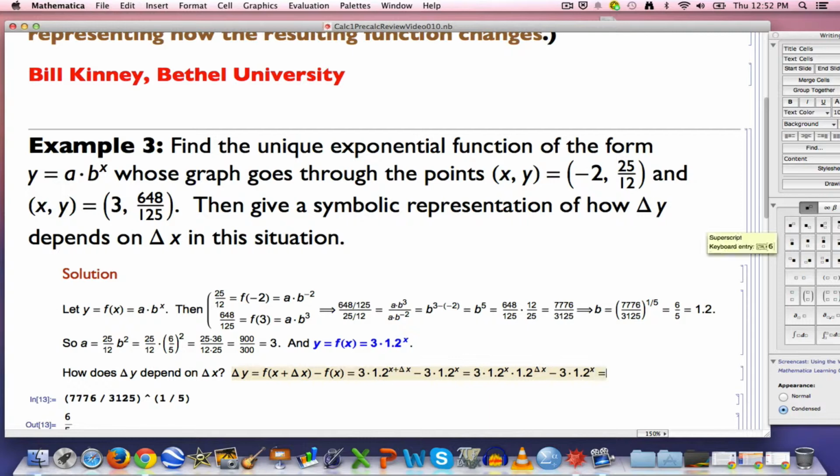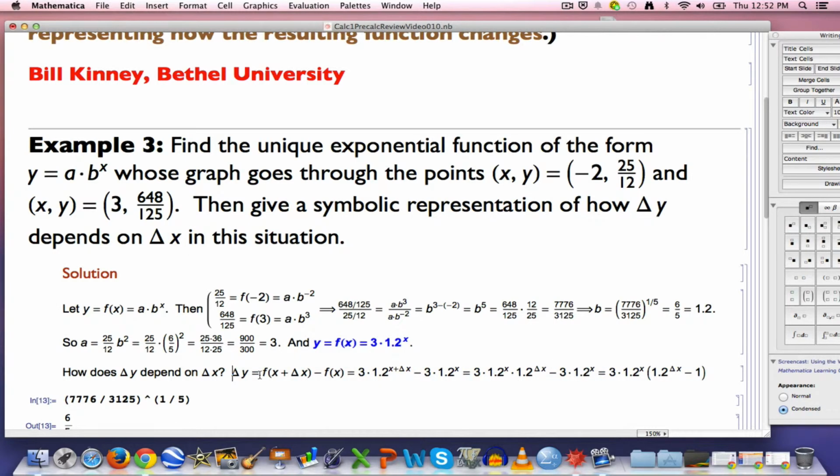And then you look at that and say, is there anything I can do to help me here? Both terms have a common factor of 3 times 1.2 to the x. It is worthwhile, it turns out, to factor that out. What's left on the inside? It would be 1.2 to the delta x power minus 1.